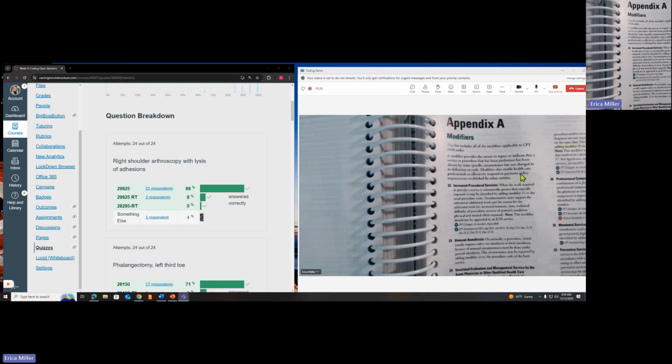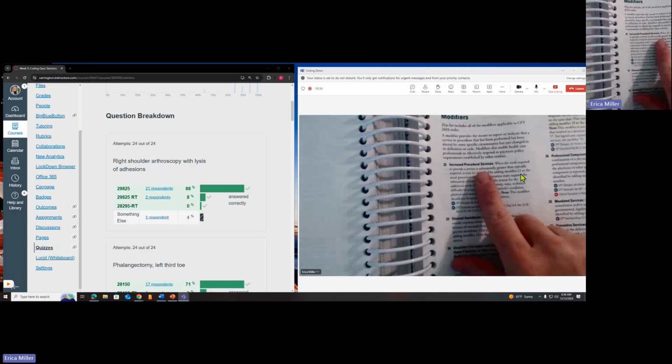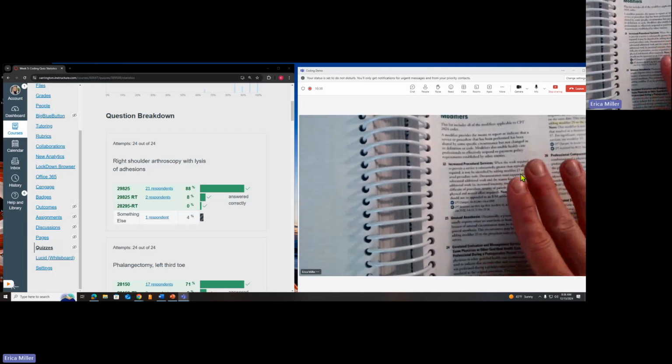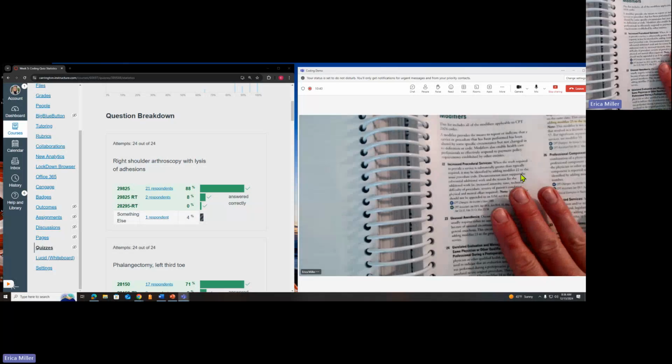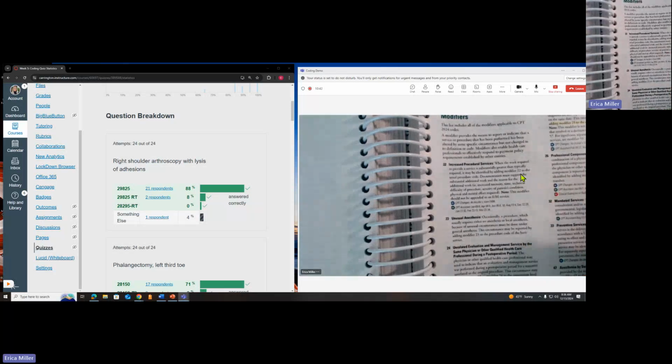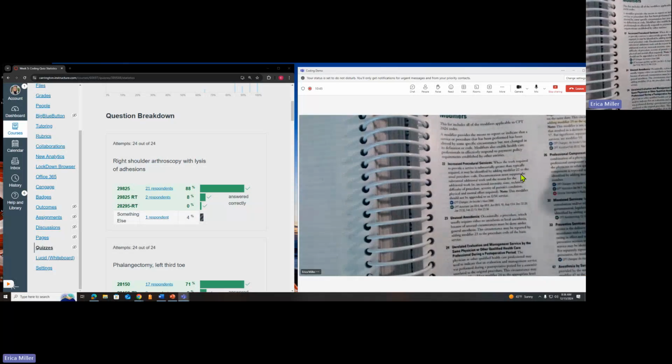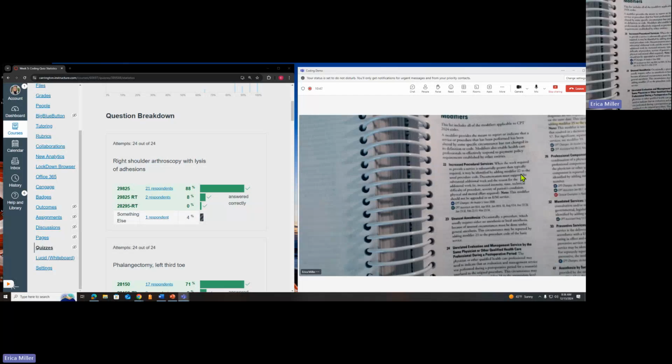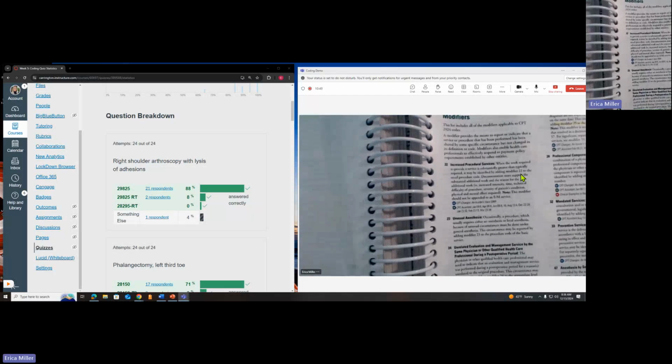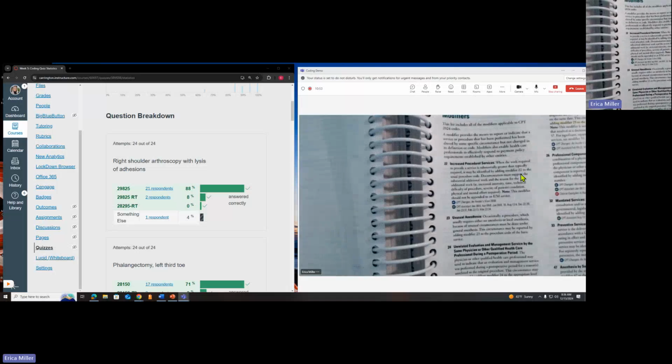Modifiers also enable healthcare professionals to effectively respond to payment policy requirements established by other entities. And then again, this is where you're going to find the full definitions of what those modifiers represent if and when you append them to your base procedure code. All right, so just remember, informational modifiers do not affect reimbursement.